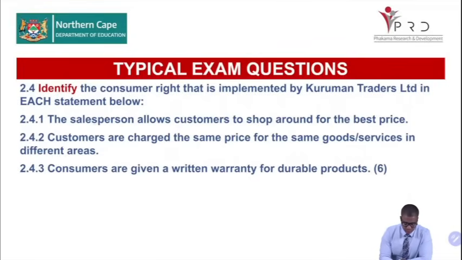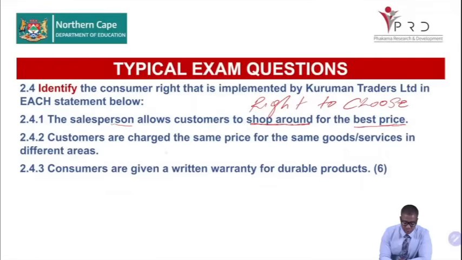You have 2.4.1 that says the salesperson allows customers to shop around for the best price. So the consumer right that is applicable here according to the Consumer Protection Act would be the right to choose.